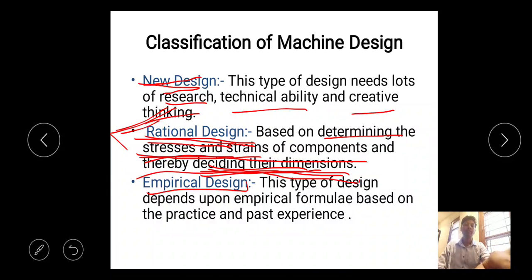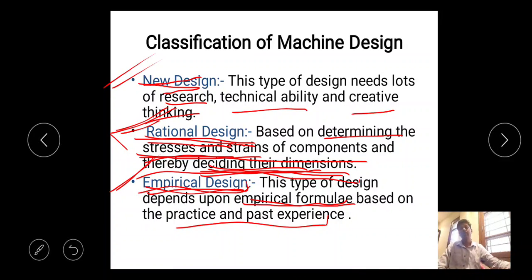What do you mean by empirical design? The design based on formulas, empirical formulas. Based on whatever formula you are using, and by practice and past experience method, such type of design is called empirical design.